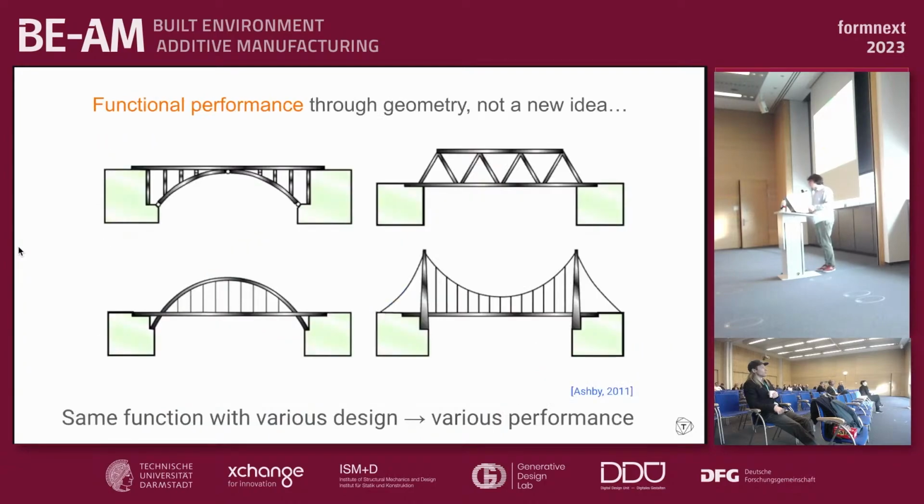Of course, functional performance depending on geometry is not really a new idea. If you take this example of a bridge, those 4 bridges have exactly the same function, going from point A to point B, but they have very different performance and efficiency.